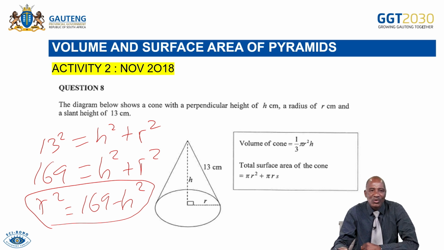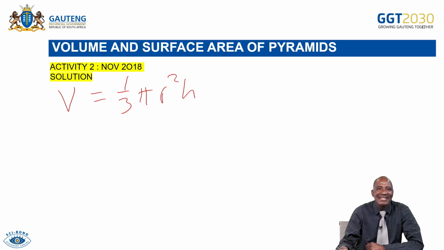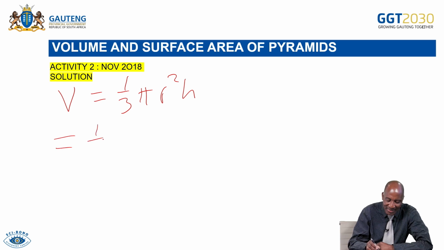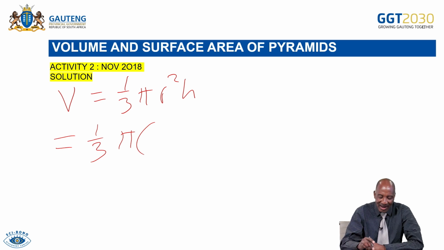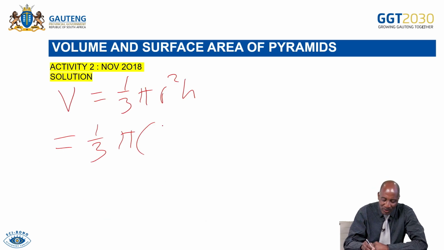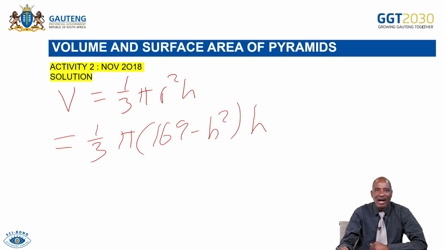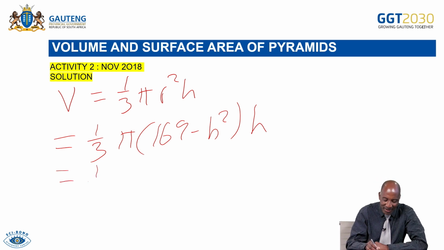I'm not going to solve for r for now, because according to the formula, it says 1/3 area of base times height. Therefore, I'm going to replace now and say 1/3 pi multiplied by r squared. I'm going to take that same r squared I solved for earlier on, which is 169 minus h squared, then multiplied by h. R is eliminated. Then simplify this. This gives me 1/3.